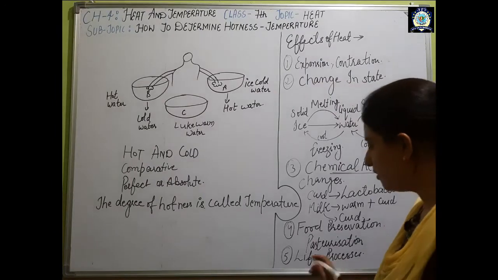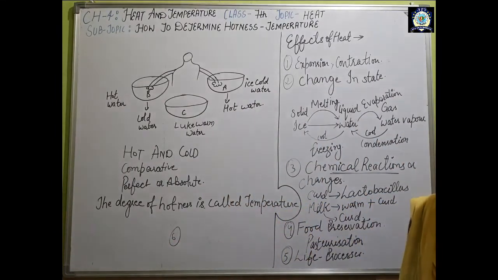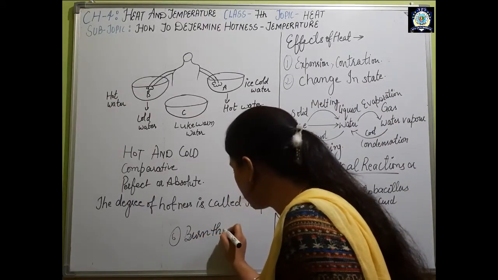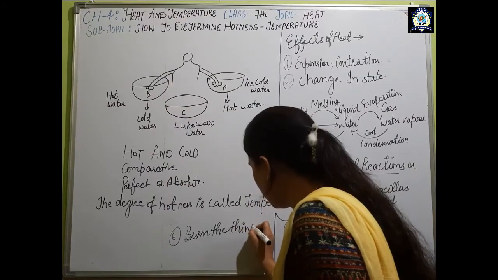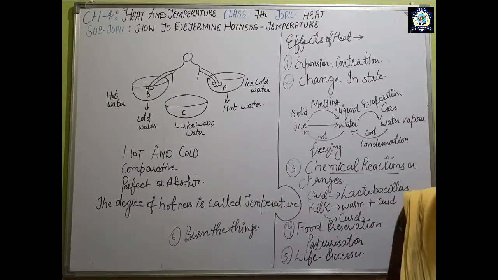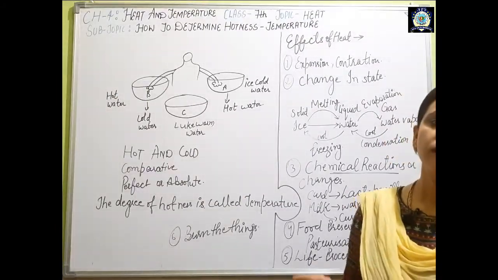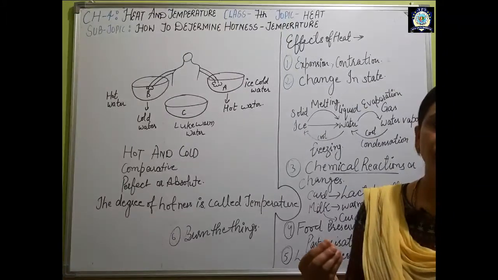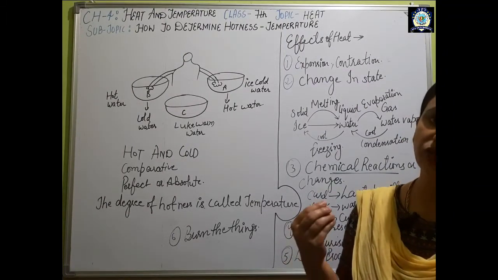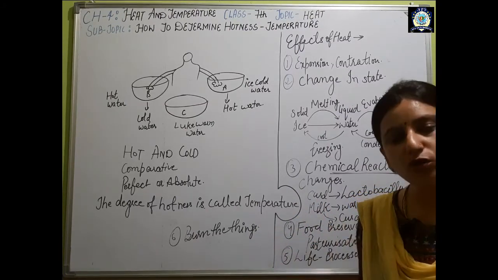The sixth and last effect which heat performs is that it can burn things. Some materials like paper, wood, coal, petroleum, when heated up to some level, catch fire, and when they catch fire they release more heat.